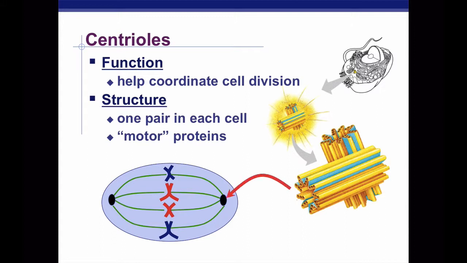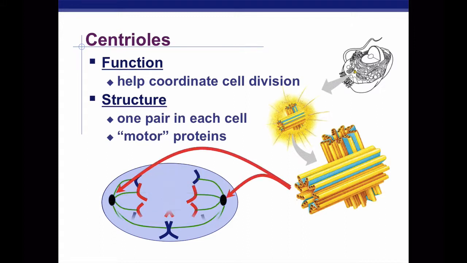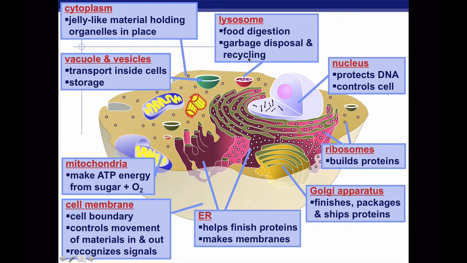And I'll show you in this little animation. It pulls it apart. So here, this would be the chromosomes. And remember what we said before, when we look at the X, this side and this side are exactly the same. DNA has to replicate first before you can divide a cell. So there's our centrioles.